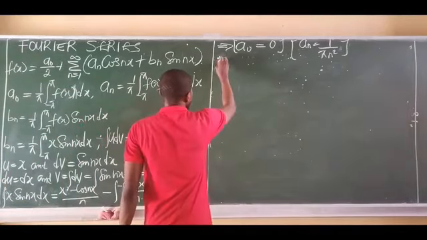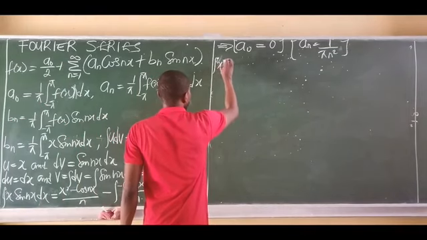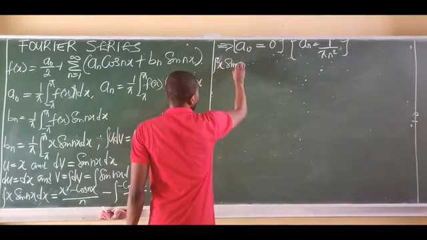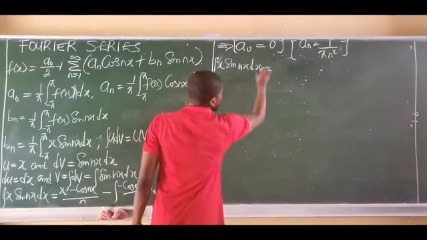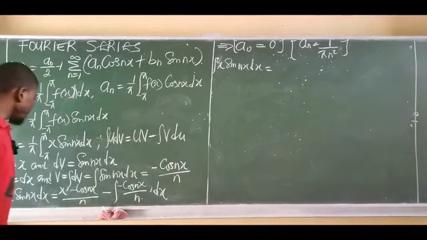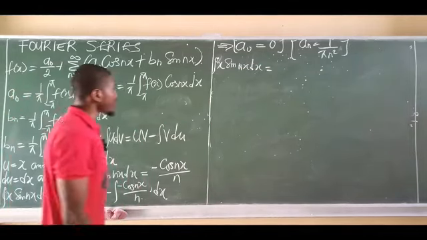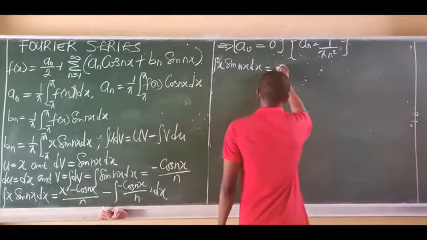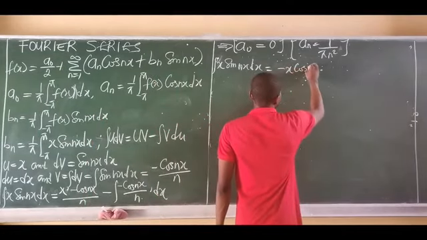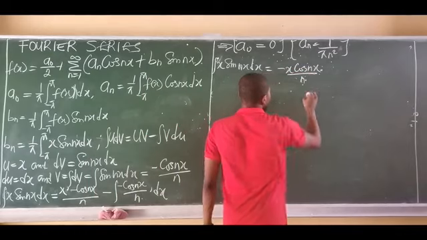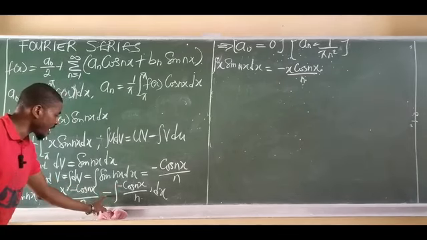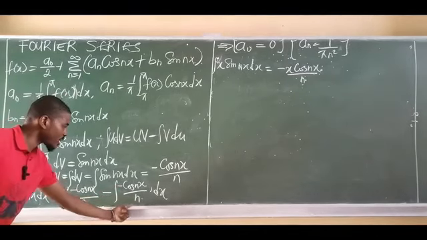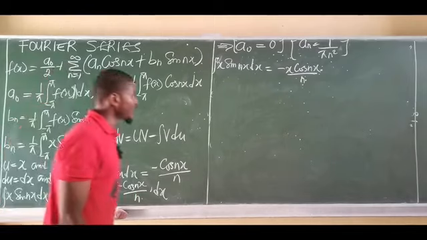So integral of x sine nx dx is now equal to, let's rearrange this a little bit, minus x cos nx all over n. Mind you, minus here times this minus becomes plus. I can factor out 1 over n from the integral sign since it's a constant.